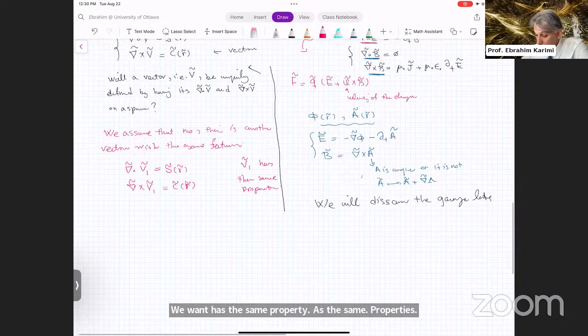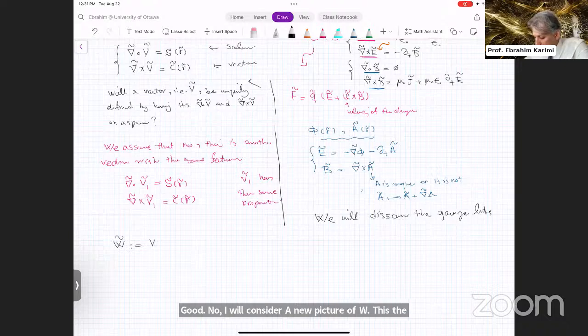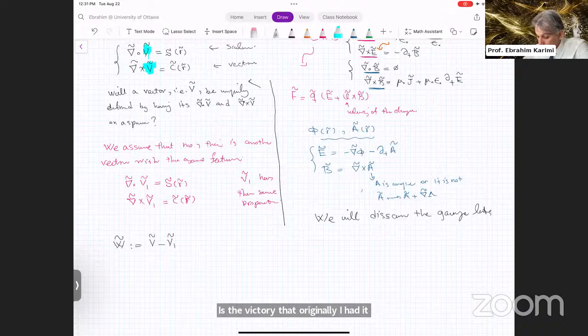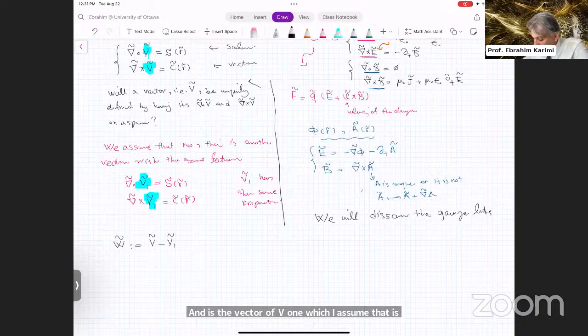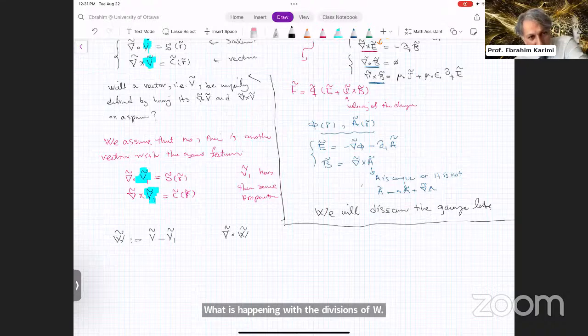Good. Now I will consider a new vector W. This is the definition: this vector is V minus V1, where V is the vector that I originally had, and V1 is the vector which I assume is different from V. Now the question is, what is the divergence of W? Can you write it down here for me?